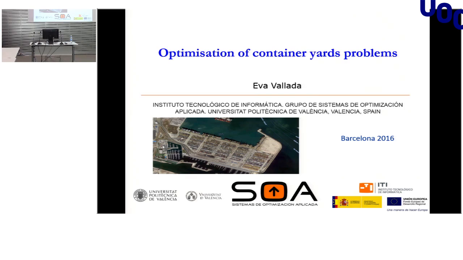I know, but I have visited different ports, and some of them explain that they have some software that indicates exactly where a container is or where to locate a container. But, for example, certain cranes cannot see what's happening behind a stack, and sometimes the program says, put your container here, but in reality the crane cannot.